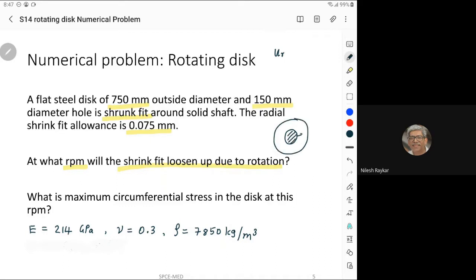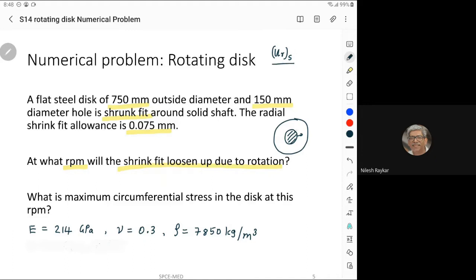So there will be some radial expansion of the shaft, which I'm calling as URS. And we are now concentrating at the radius of interference, where the shaft outside diameter lies. So at this particular radius, let's say the expansion of shaft is given by URS.